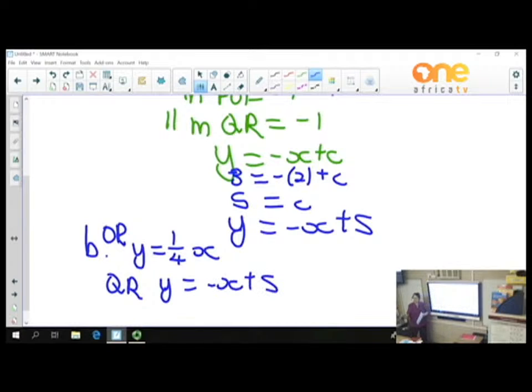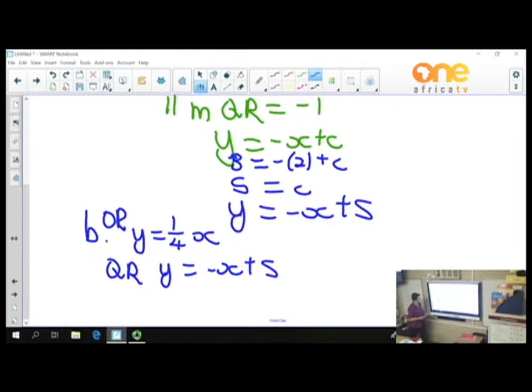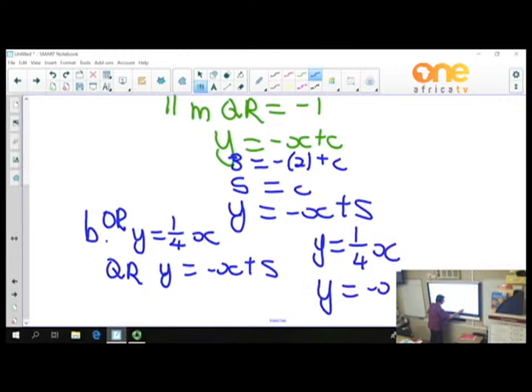So we can get the coordinates when we solve simultaneously. Both of these lines go through the point R, and that's why I'm going to solve them simultaneously. So I'm going to say y is equal to a quarter x and y is equal to negative x plus 5. To solve this simultaneously, what would you do?